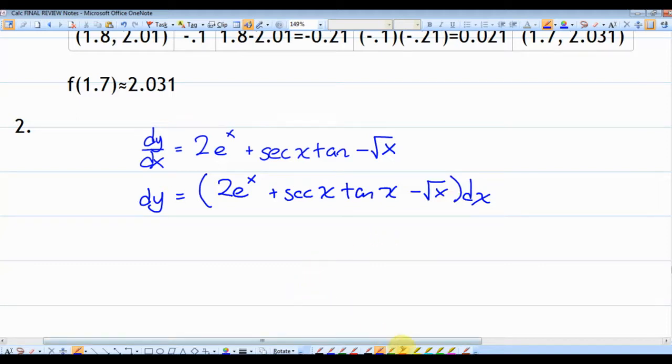And we'll integrate now. Integrate everything. The integral of dy is y. The integral of 2e to the x is 2e to the x. The integral of secant x tangent x is secant x.